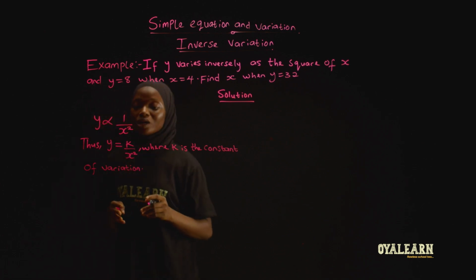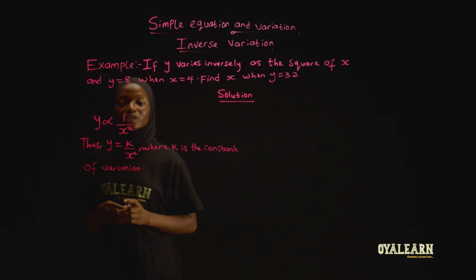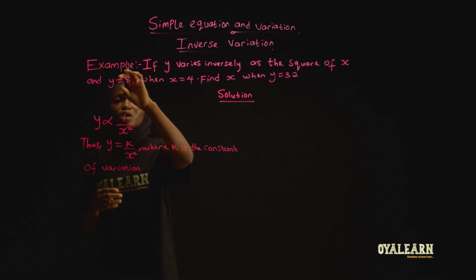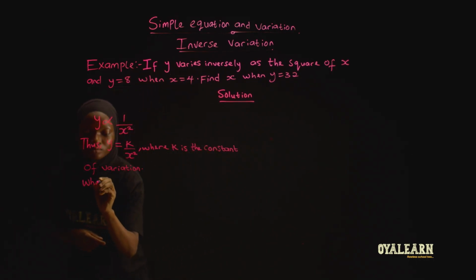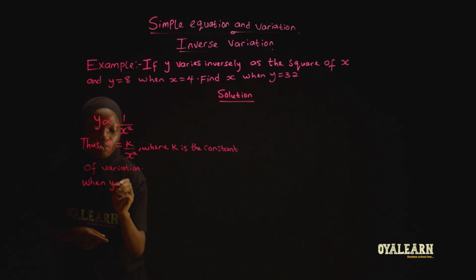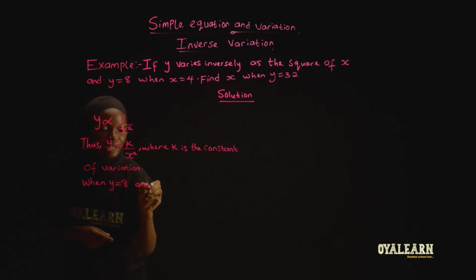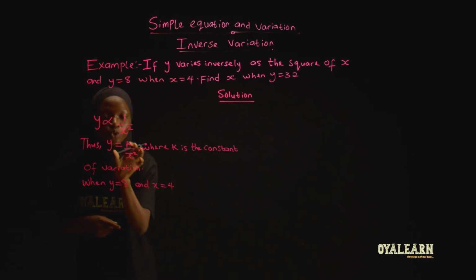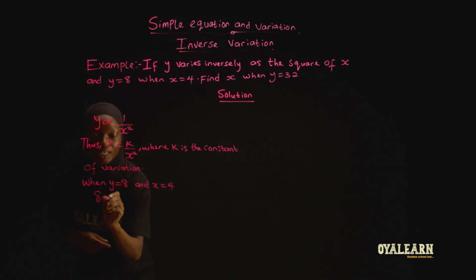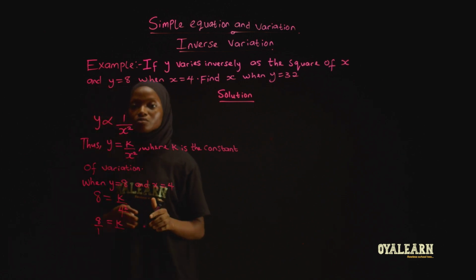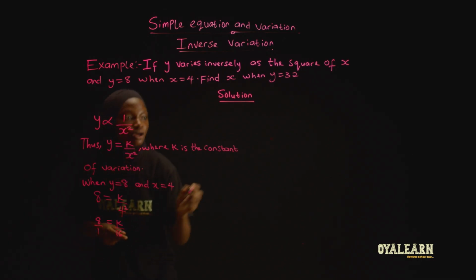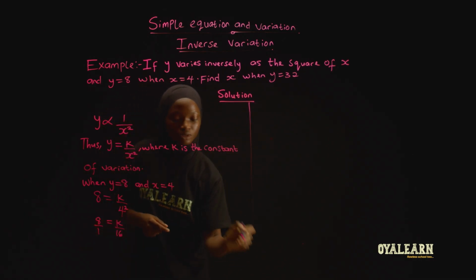Since we are trying to find the formula connecting y and x squared, we need to find a value for k. And to do that, we will substitute our values for y equals 8 when x equals 4. So when y equals 8 and x equals 4, we'll be having 8 equals k over 4 squared, and this is the same thing as having 8 over 1 equals k over 4 squared, which means 4 times 4, so we have 16, and from there we can cross multiply.